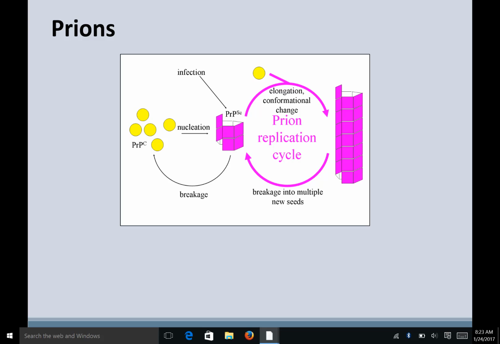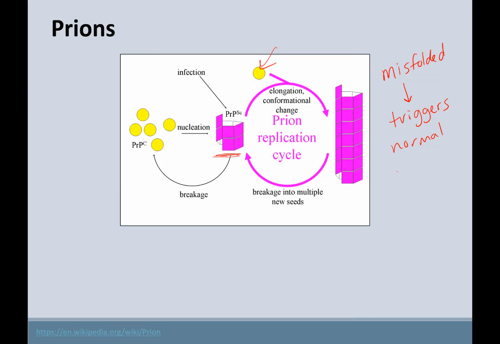Again, prions, normal proteins that for some reason misfold. Once they're misfolded, they trigger the other normally folded prions right here to misfold. So it triggers normal proteins to misfold.